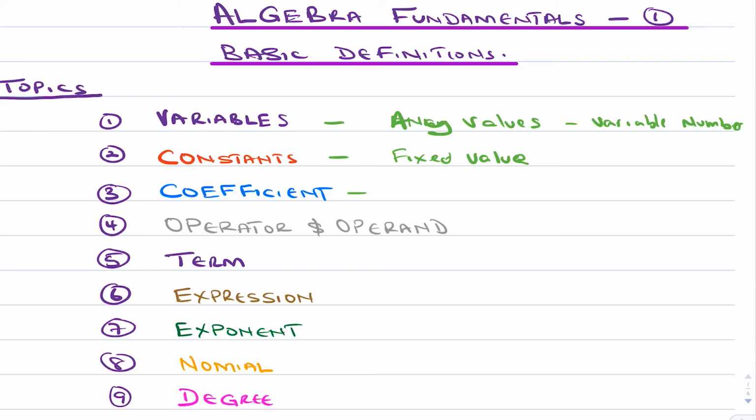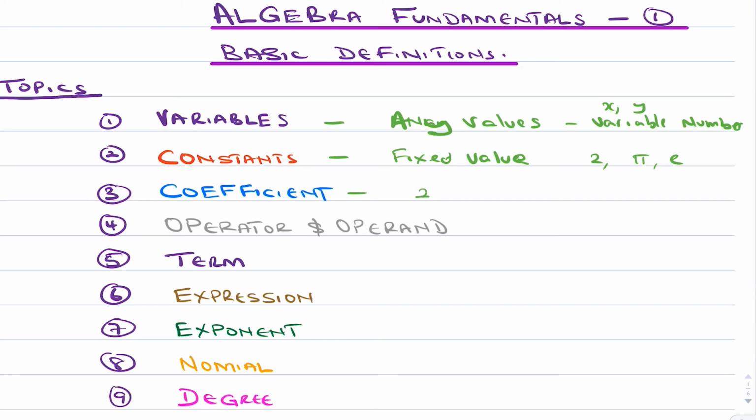A coefficient is a fixed number, or a constant in front of a variable. A variable, we said, is going to be either x or y. A constant can be 2 or pi or e. A coefficient is a number in front of a variable.